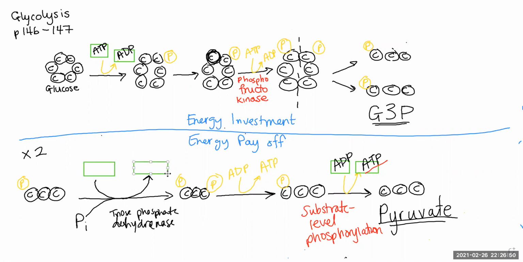Now, in your previous arrows, every time you saw a molecule before that was a 3-carbon 1-phosphate molecule that turned into a 3-carbon 2-phosphate molecule, you can say, oh, I needed to hydrolyze an ATP, but I'm in the energy payoff phase. The enzyme that catalyzes this reaction is a dehydrogenase, and the source of that phosphate is being provided here. It's an inorganic phosphate.